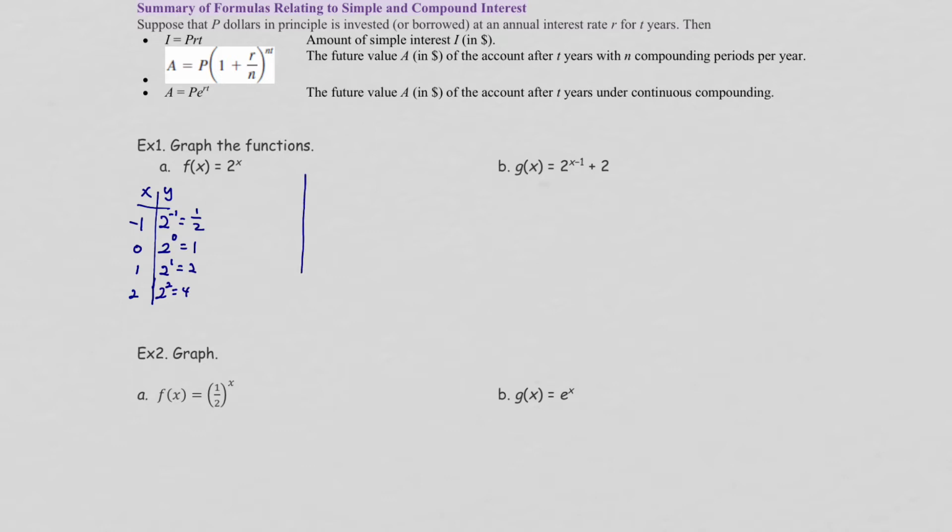So some of this information you have: when x is 0, y is 1. When x is negative 1, y is 1/2. When x is 1, it will be 2. When x is 2, it will be 4.